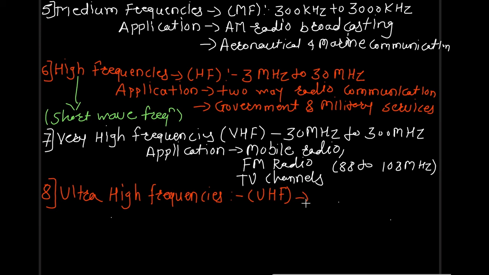The range for that particular frequency is 300 megahertz to 3000 megahertz. Remember that above 1000 megahertz, which is called 1 gigahertz, the frequency is called microwaves, we can see later on. So first of all, we discuss the ultra high frequencies.